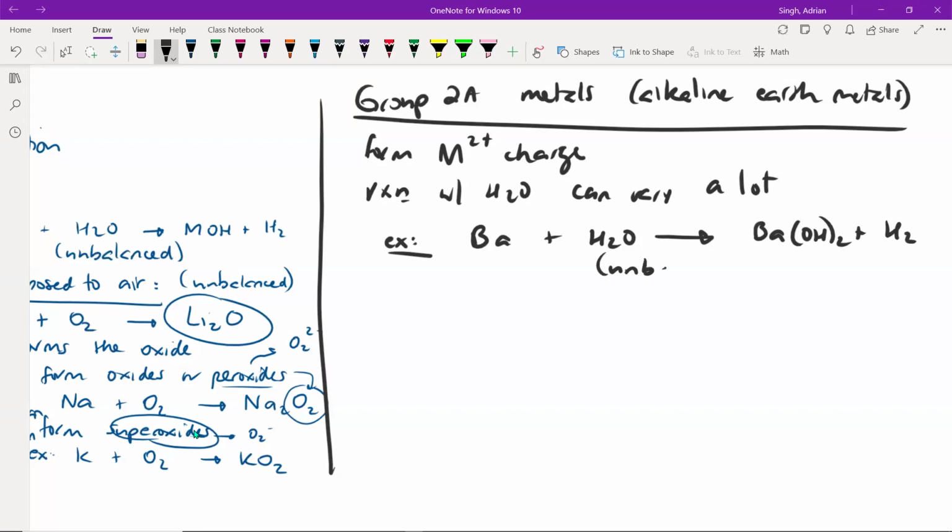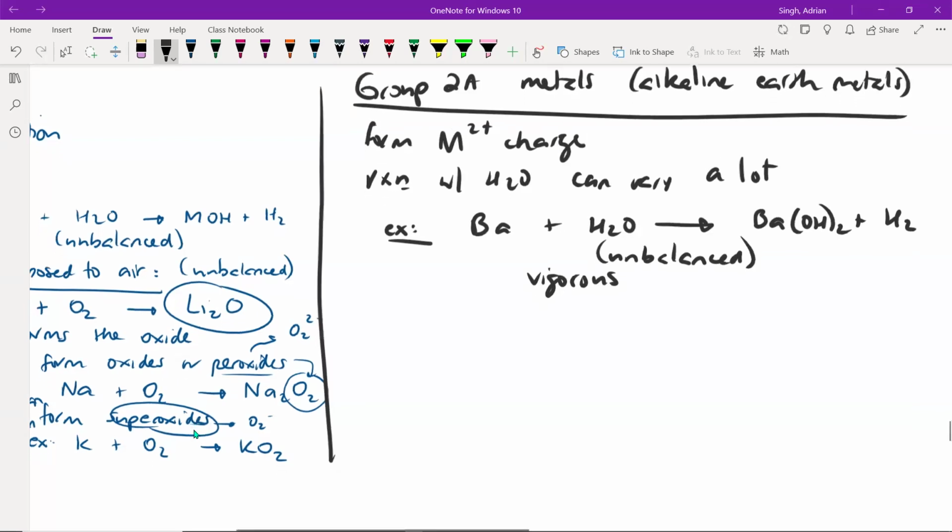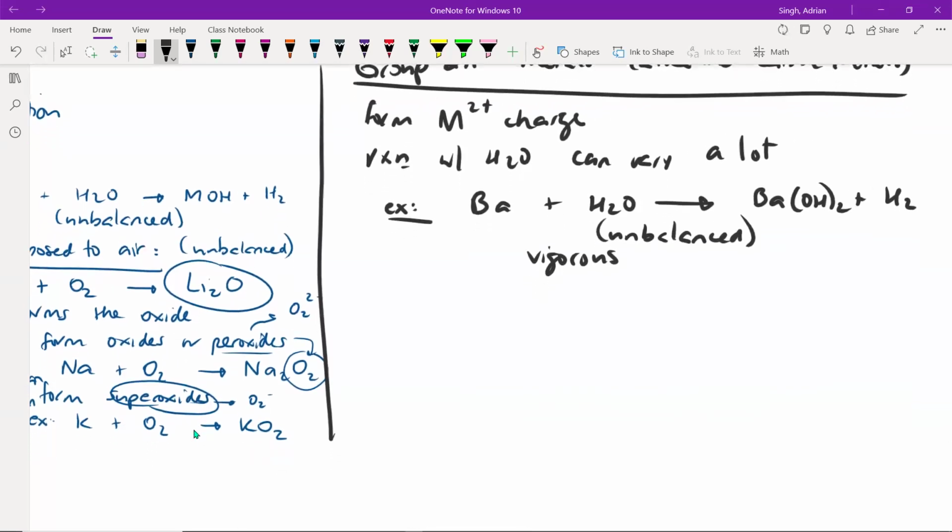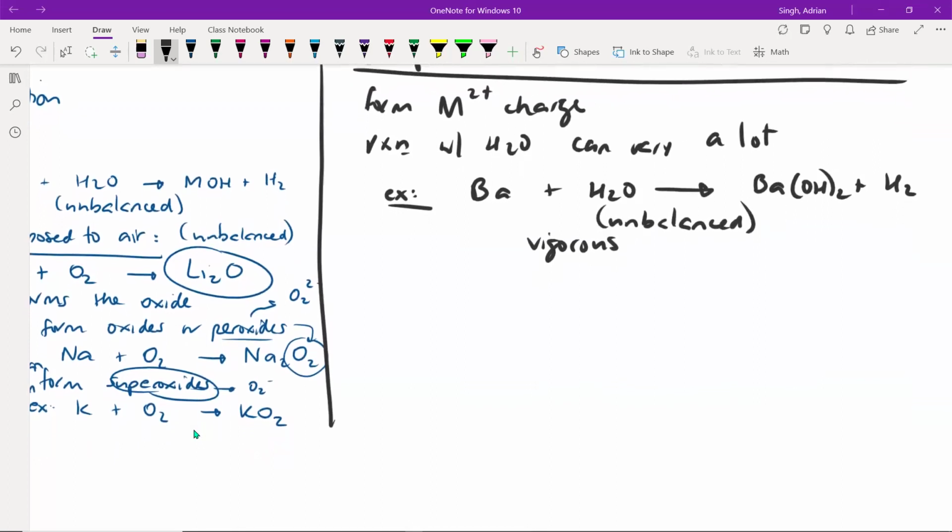This again is unbalanced, right? So this would be a very vigorous reaction. The higher up in the group you go, the less vigorous it is. So something like magnesium will react only slowly with steam. So the reactivity of the alkaline earth metals increases as you go down the group towards water.